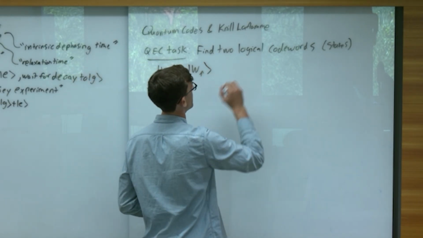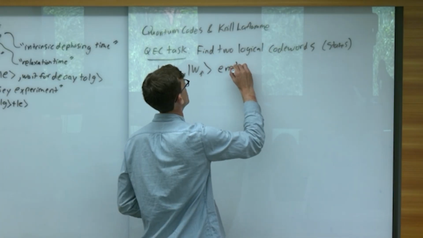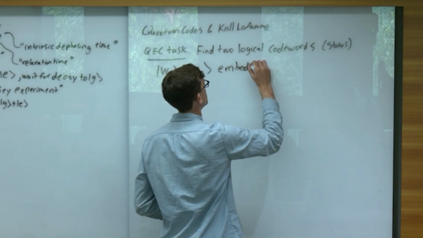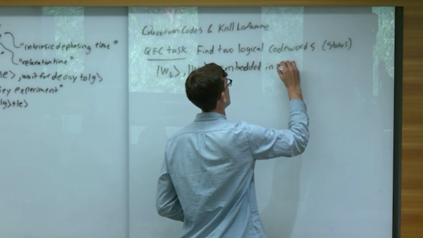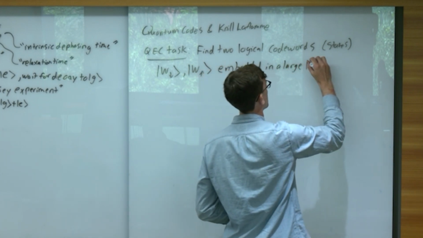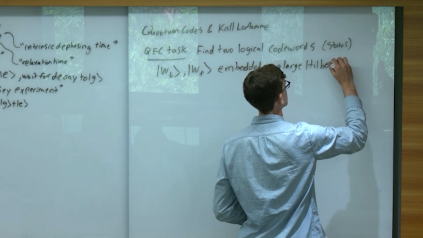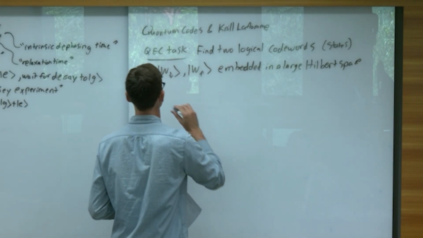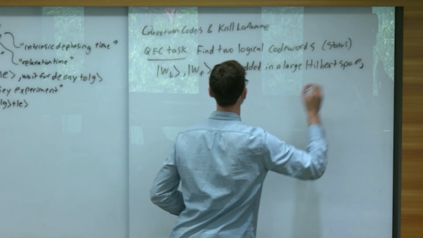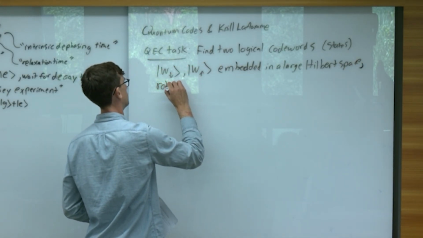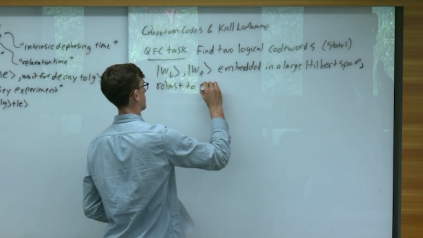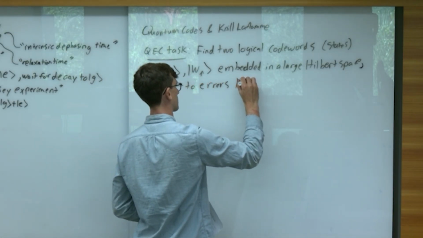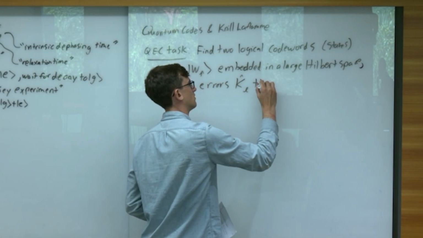We're going to embed them in a larger Hilbert space, and we want these to be robust to errors K_L that can occur.